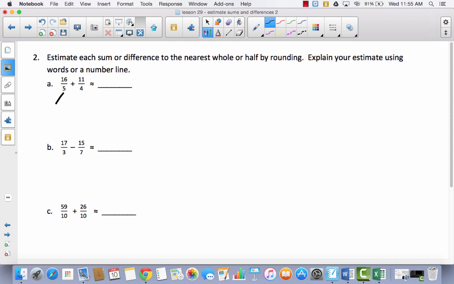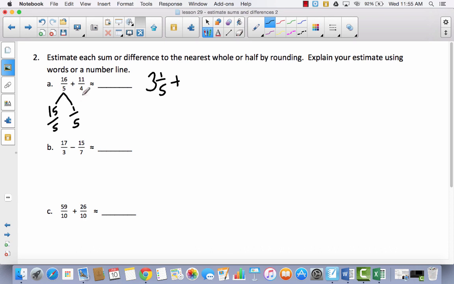We can do this. All right, so first of all, I've got fifths. So I know 5/5 makes a whole. So out of 16, I can make 15 fifths because I know 5 times 3 is 15, and that's going to leave 1/5 left over. So 16 fifths is going to be the same thing as 3 and 1/5.